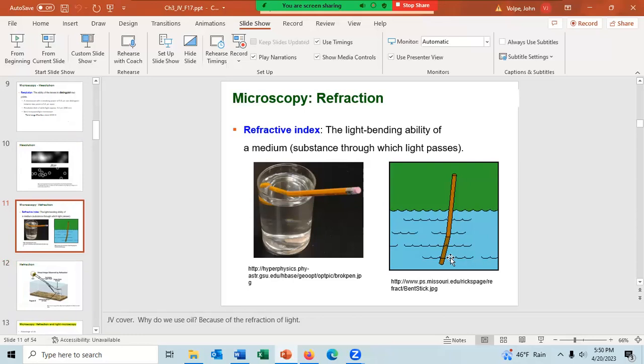When we're talking about light, you should also know that light refracts. Light, when it goes through one medium and then changes to another medium, refracts, or bends. And that's why the pencil here looks bent. What's happening is the light is going through the water, and we see the pencil there.